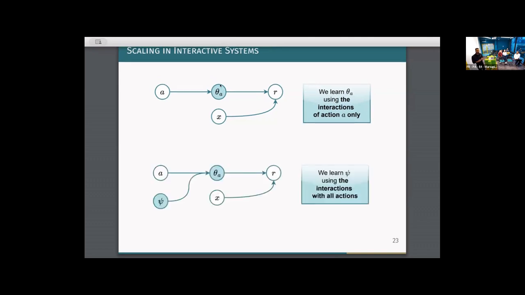Now what we do is we add a latent parameter here. We add a latent embedding that is shared by all action parameters. And this latent embedding will kind of encode the correlations between them. This latent embedding is what will encode the categories, for example. This is the most simplified case, a latent embedding that captures the fact that these products are mapped in one category and these products are mapped in another category.